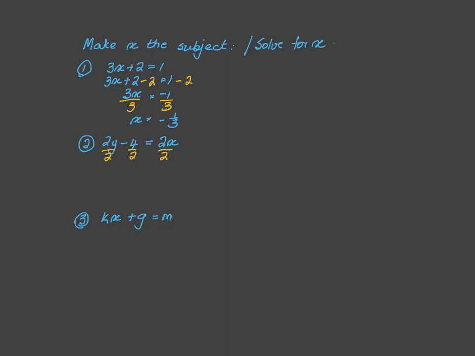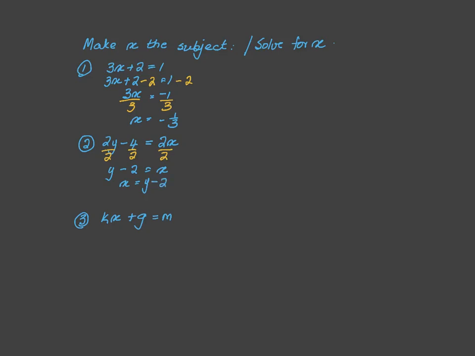On the left-hand side, 2 divided by 2 is 1, so we have 1y. Minus 4 divided by 2 is 2. On the right-hand side is equal to 2 divided by 2 is 1x. And then write it the correct way around with x on the left. X is equal to y minus 2.